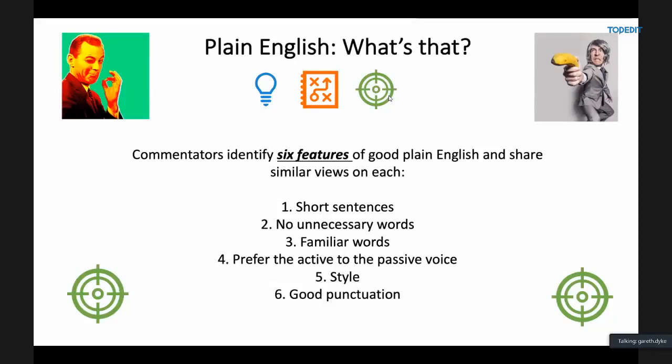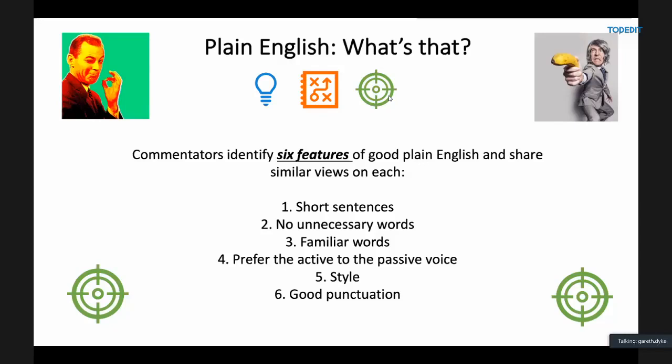So thinking about what plain English is, what is effective English communication, people, commentators, trainers, people like me that teach English writing have identified 6 features of plain English. And you're in a good position, because actually plain English and your native language are quite similar.